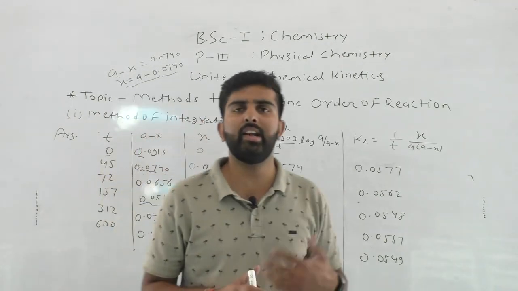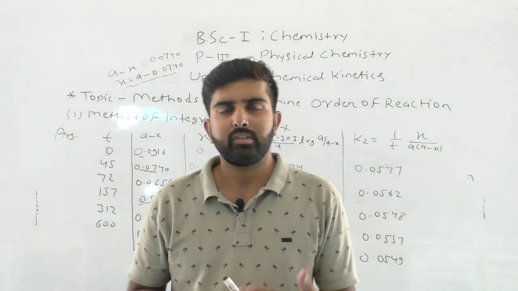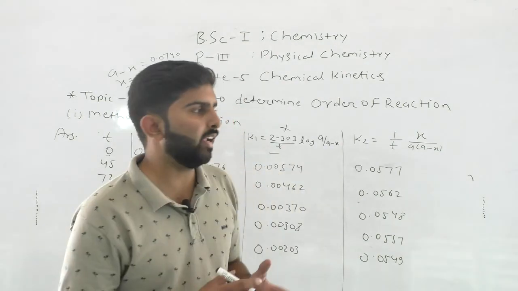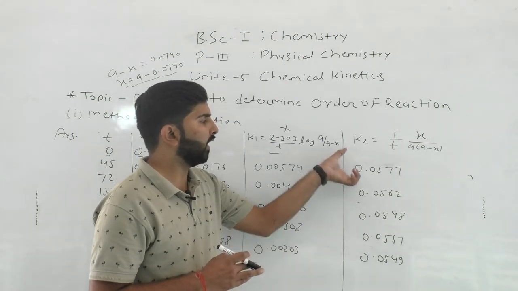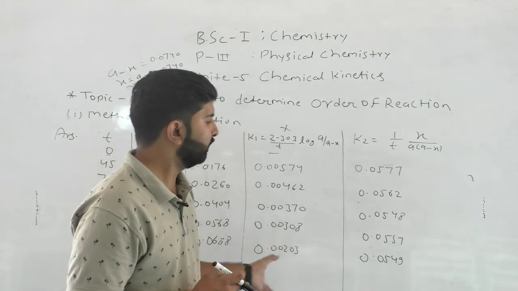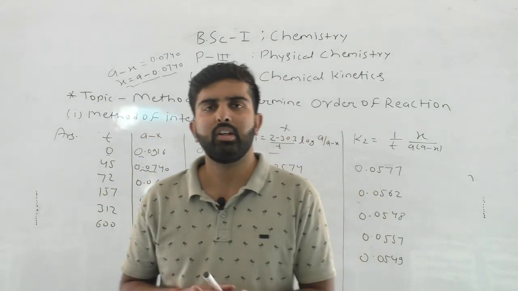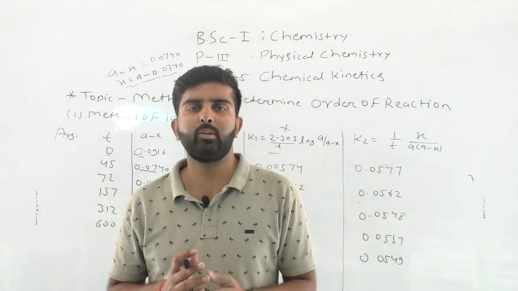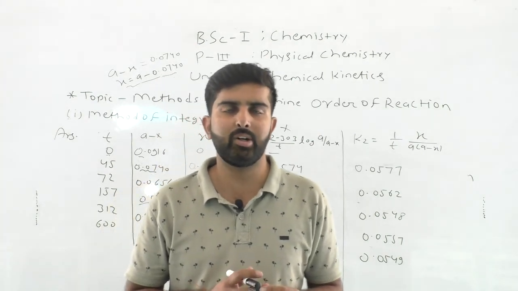So it is a hit and trial method. If we try the zero order reaction, then we try first order, then we try second order, and so on until the values of k come out constant. It is a lengthy method because if a reaction is fourth order, we have to calculate for zero order also, first order, second order, third order.